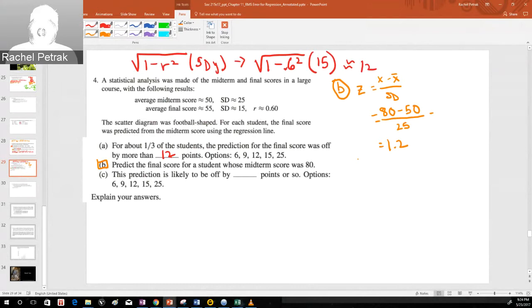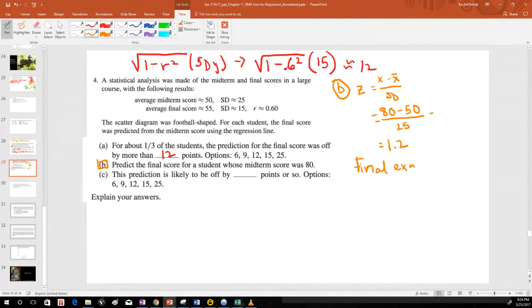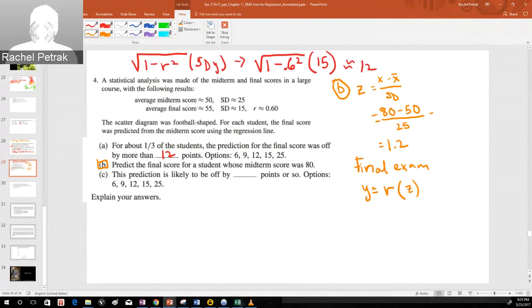So if we want to get their score on the final, we know that they should be above the average on the final by r times their z-score, which will be 0.6 times the z-score of 1.2.